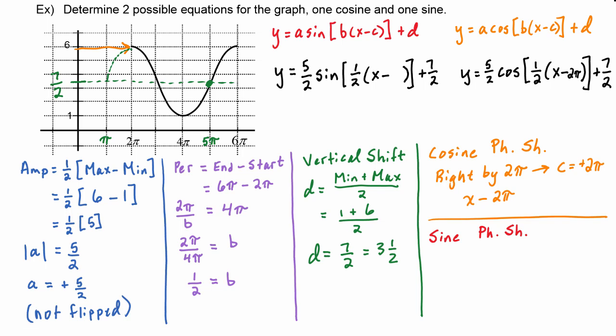So if this were a sine wave, we know that normally sine would start out here on the y-axis with this root that's been shifted up. So it would start here, which means then that the sine wave has been shifted to the right by pi.